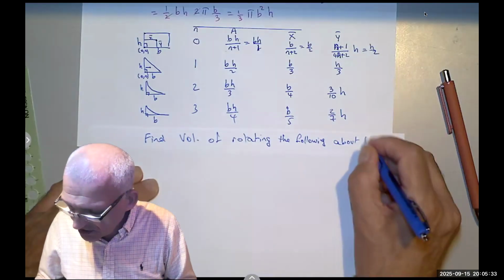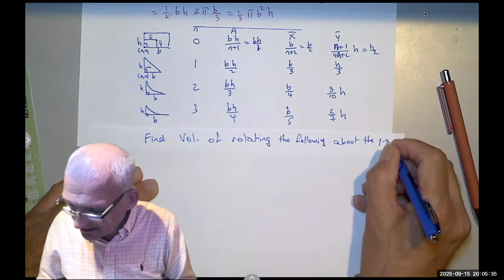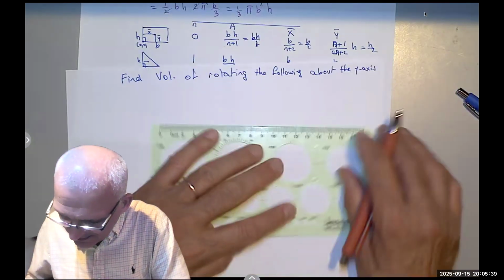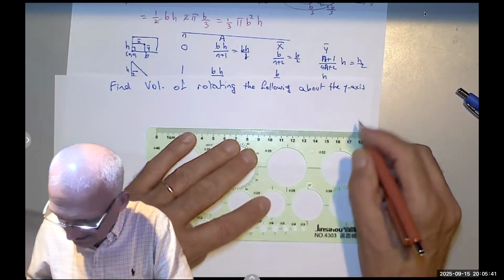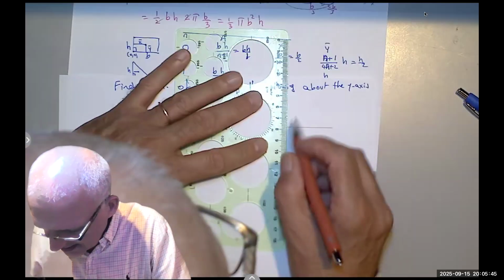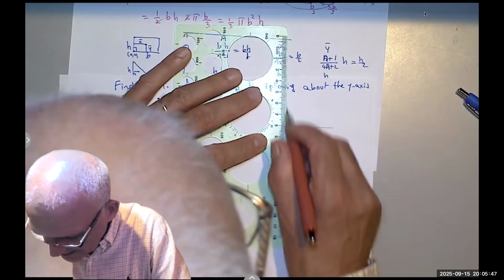Well, we can do the x or the y, it doesn't matter, it's the same idea. And that shape is a little tricky. I'll let you think about it for a second, and then we'll do it.